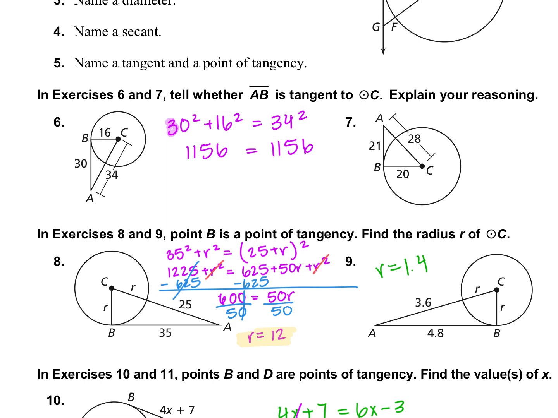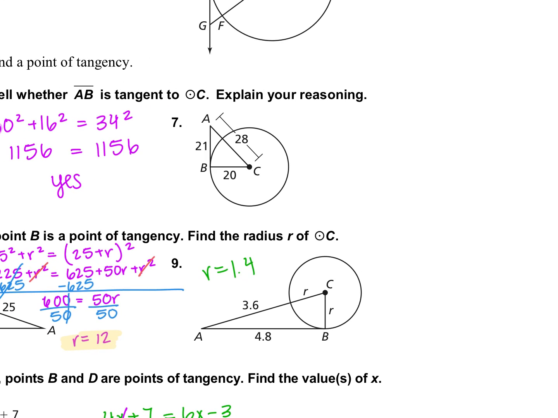So is this a tangent? Yes. Same thing with the next one. You should have had 21 squared plus 20 squared equals 28 squared. And then you should have had 841 for this side and 784. Are those equal? No. So this one's no.